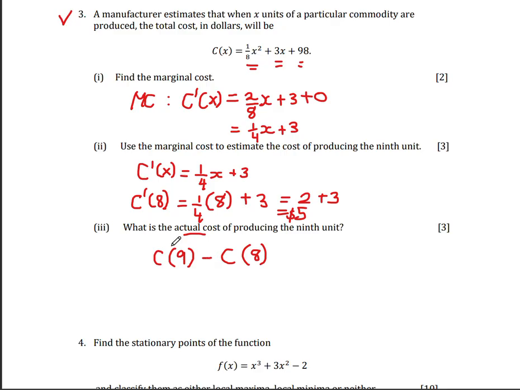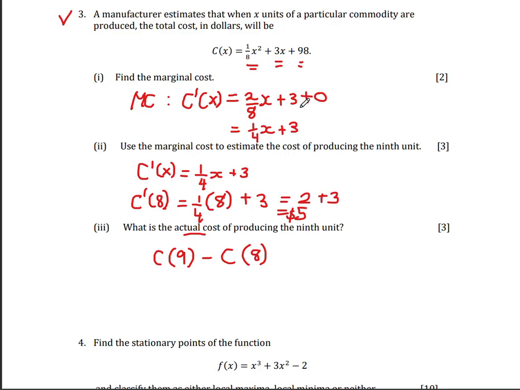The total cost of producing the 9th unit is found by substituting 9 into the total cost function to replace X, and the total cost of producing the 8th unit is found by substituting 8 into the total cost function to replace X.